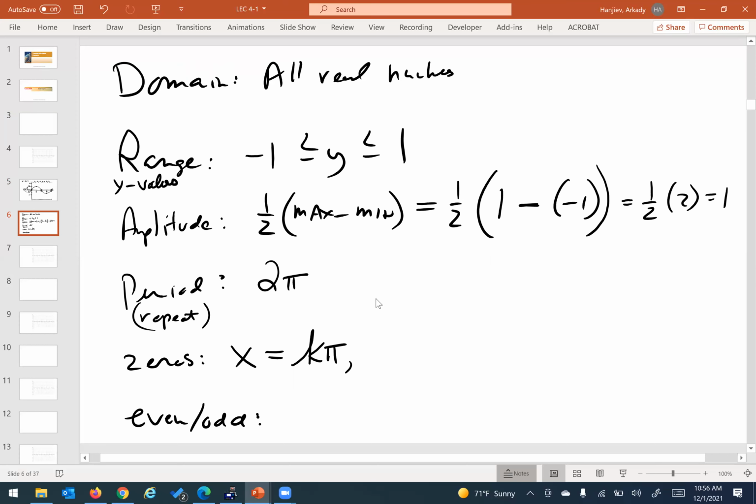Range of y values, absolutely. That's how high is it going, how low, as long as there's no breaks underneath that. And period is when it starts repeating, the interval before repeating.